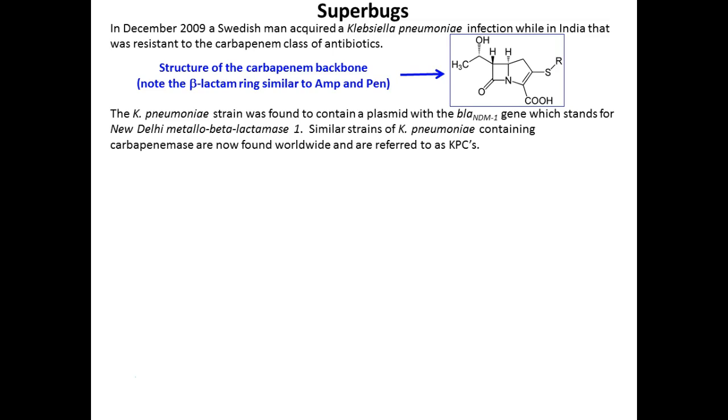In this case, they found that on that plasmid there was a gene that they have abbreviated BLA, which stands for beta-lactamase, and this is an enzyme that breaks the beta-lactam ring.